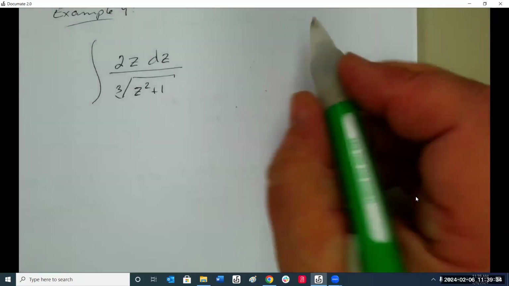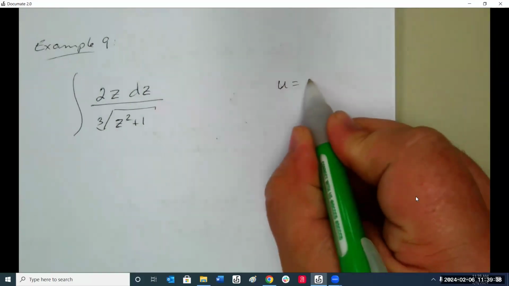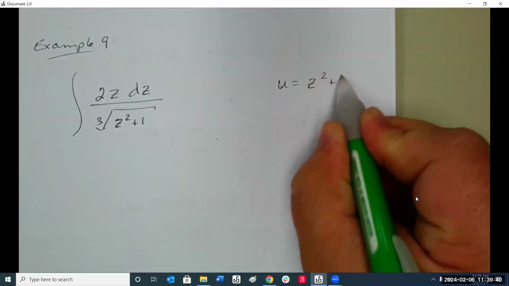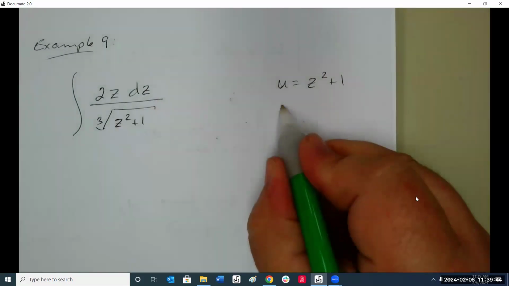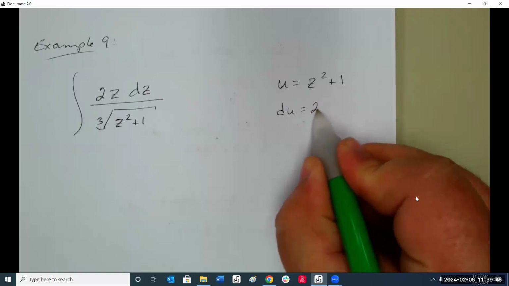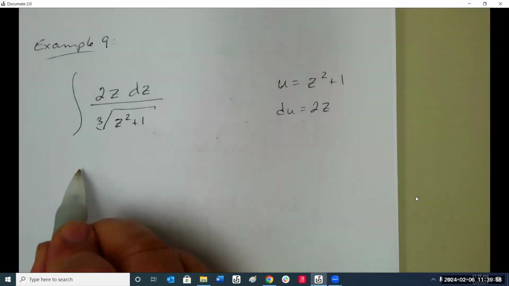What do we do? So you simplify the radical? Well, let's see. The first one we're going to look at is, let's say u is z squared plus 1. So du would be 2z. Does that fit?